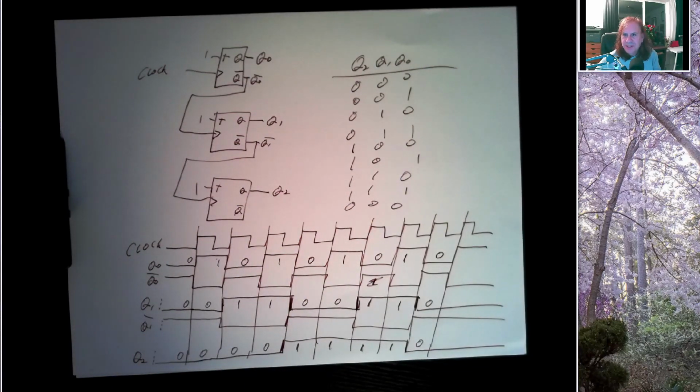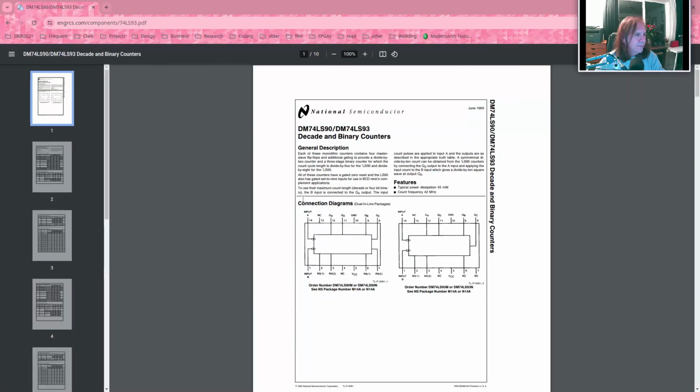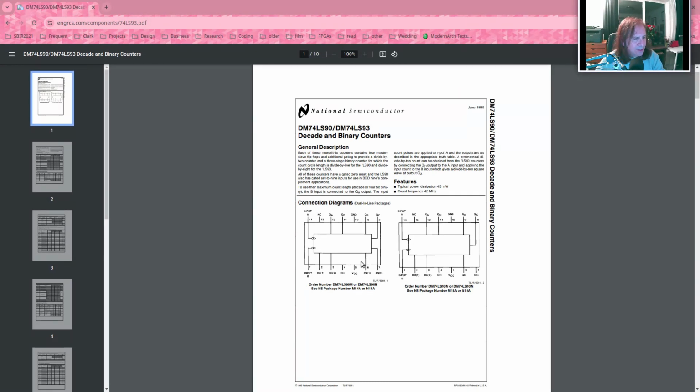And we'll actually see this in one of our future labs. There's a chip, the 74LS93. It's got a clock input, it's got 4 outputs, QA, QB, QC, and QD. It's got some reset lines.